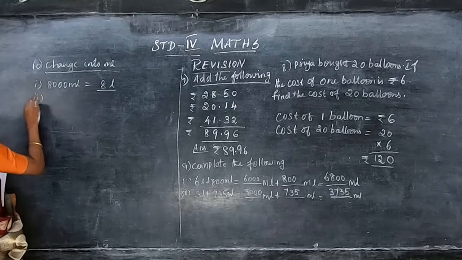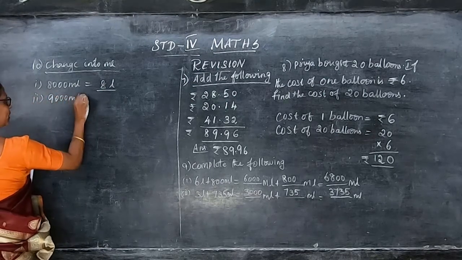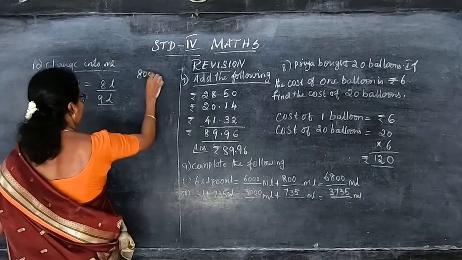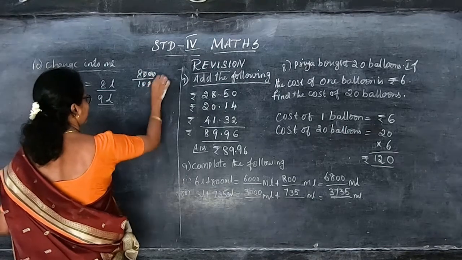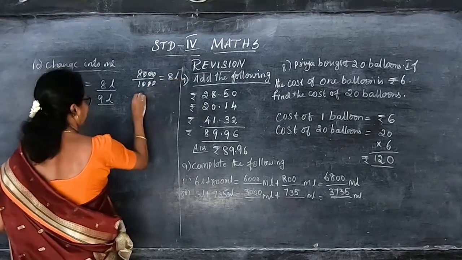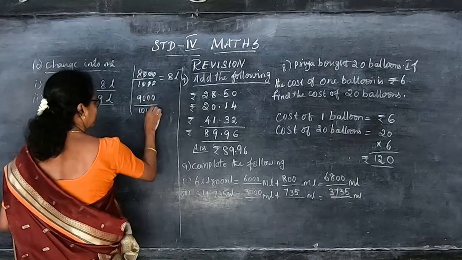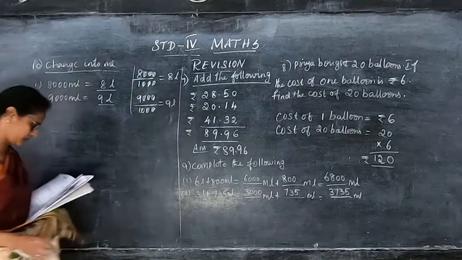Then second sum 9000 milliliter, that is equal to 9 liter. How? 8000 divided by 1000. So cancelling 3 zeros, 8 liter. Similarly 9000, try it in rough column, that is equal to 9 liter. Okay.